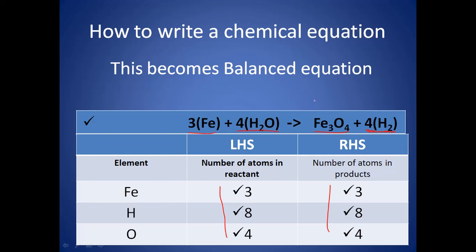This equation, remember, is called a balanced equation. Both sides are okay. So when the scientists check the formation in this one, they will know how much quantity of hydrogen will get released and how much quantity of ferrous oxide will get formed. That is the way the proportion has been decided. Okay.